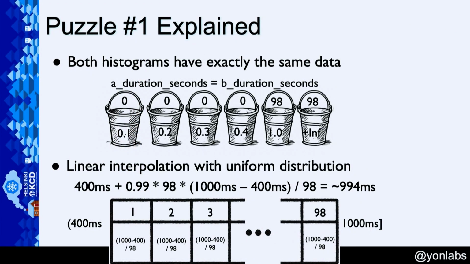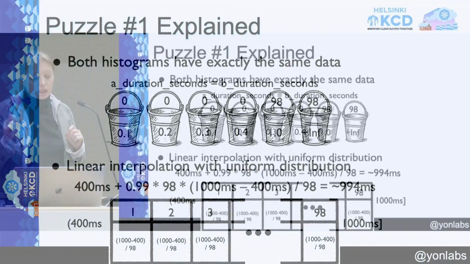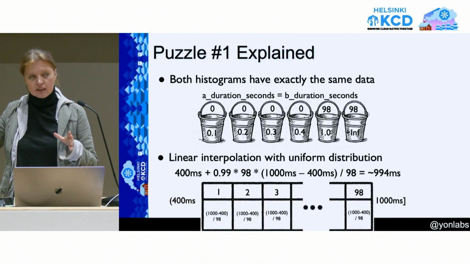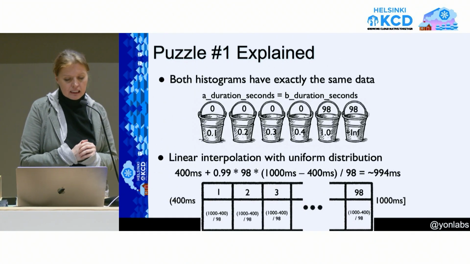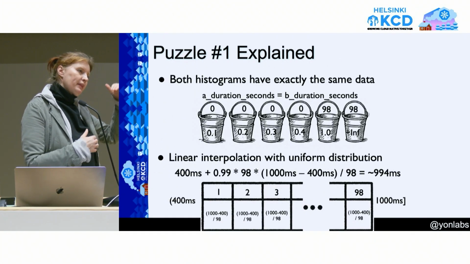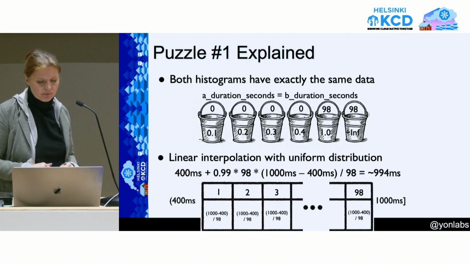And then when you think about linear interpolation with uniform distribution, it's just like all those counts falling into a given range cause this range to be divided into equal splits, and then based on that, we estimate the quantile.